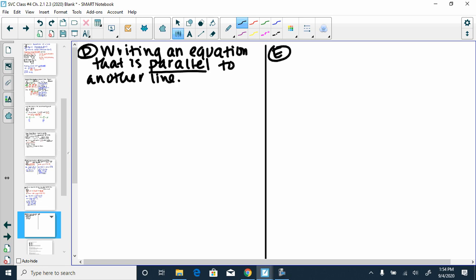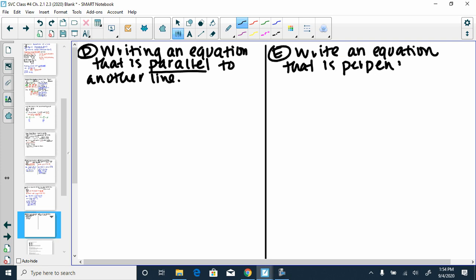And the other one is writing an equation that is perpendicular to another line. Okay, so in both of these cases, what do I do? I have to write an equation, and all I have is a line, okay? And you are going to be given a point as well. So I guess I should write that down too. You're also given a point.